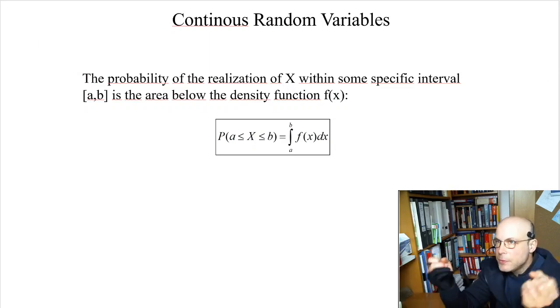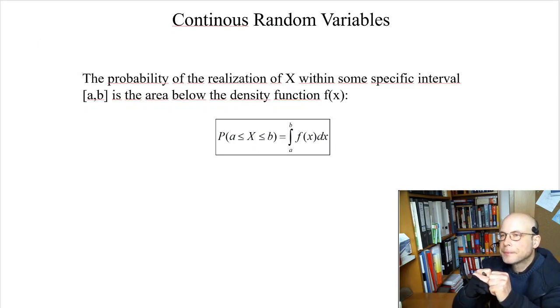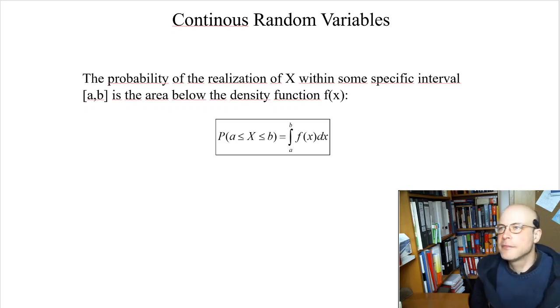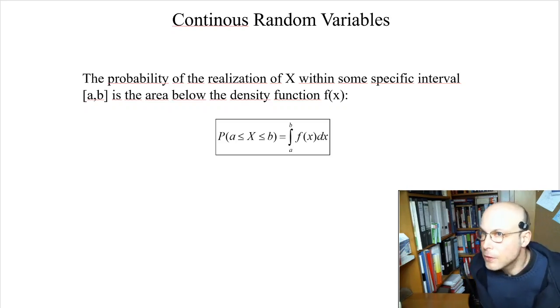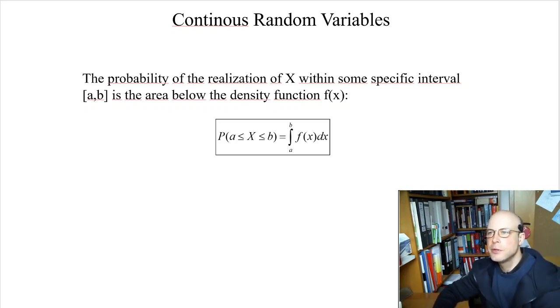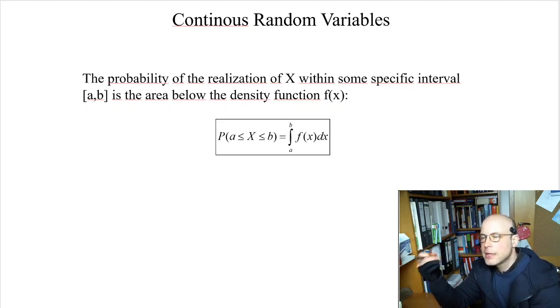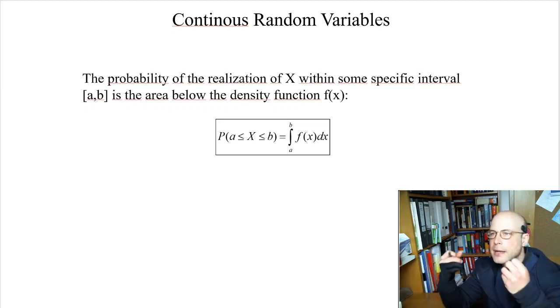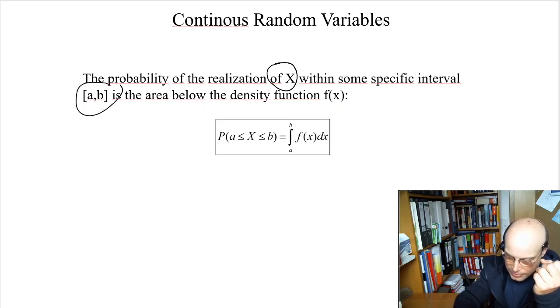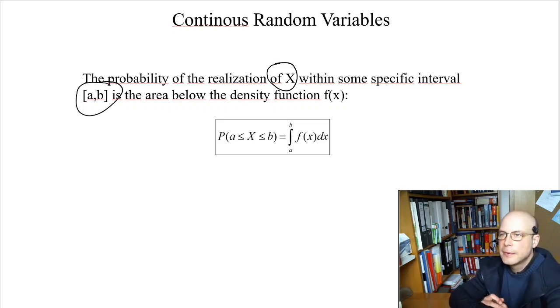We have discrete distributions, but also, of course, we have continuous distributions, and now we will switch to these continuous distributions. So we now do not ask what is the probability of one specific event, but what is the probability of the realization of our random variable to be within a specific area.